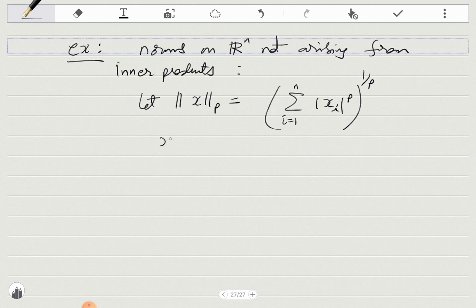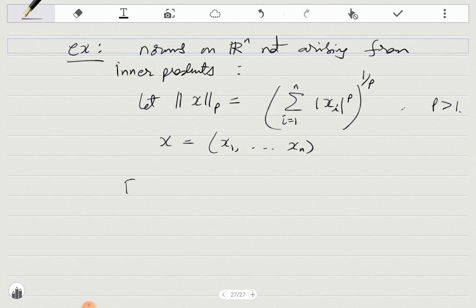Here x equals (x1, x2, ..., xn), and I take p greater than 1. So for any p greater than 1, I define the norm in this fashion.